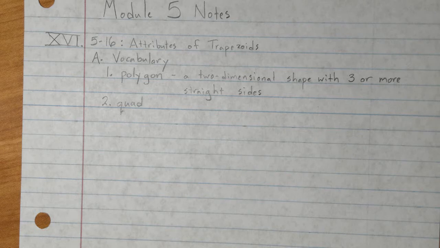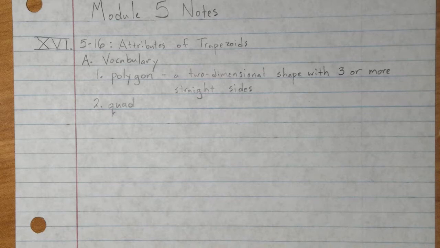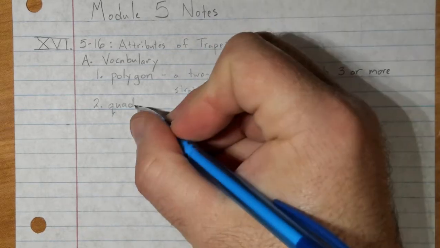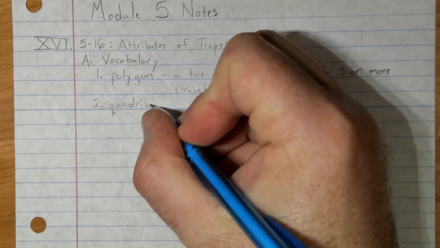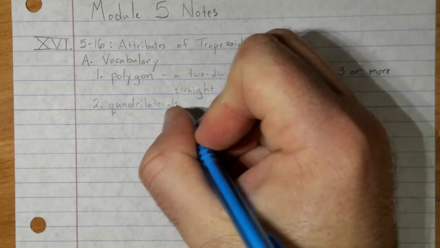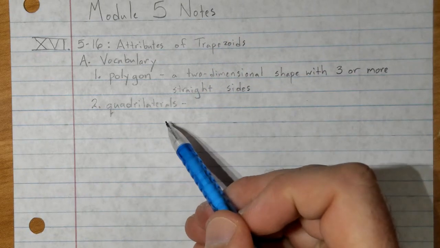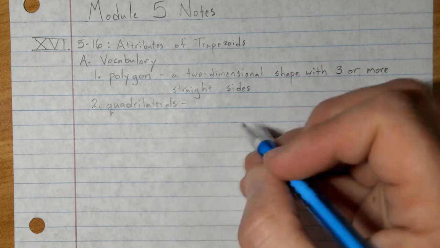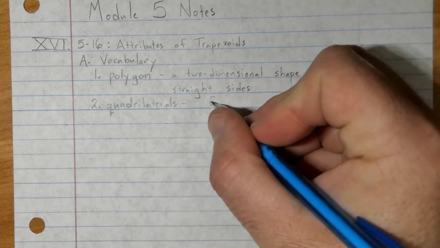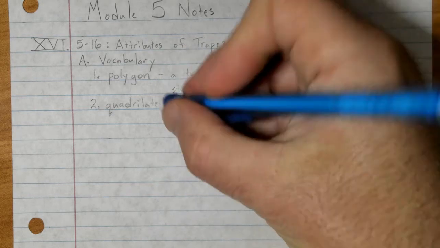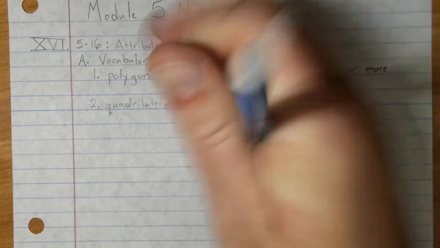If any of you have ever ridden a 4-wheeled off-road bike, it is usually referred to as a quad, correct? Because it has 4 wheels. We're going to talk mostly in 5th grade about quadrilaterals. Laterals having to do with sides. Actually, let's take that S off. Let's just have it be quadrilateral.